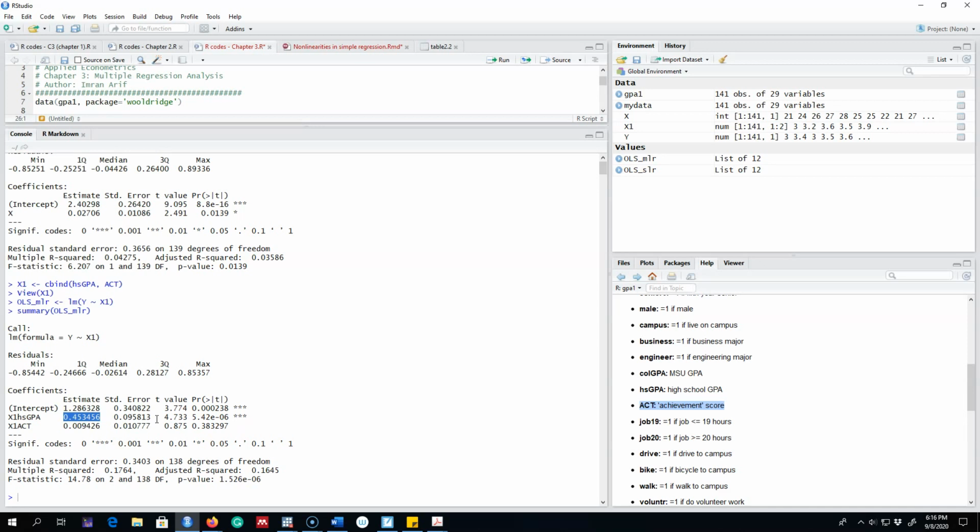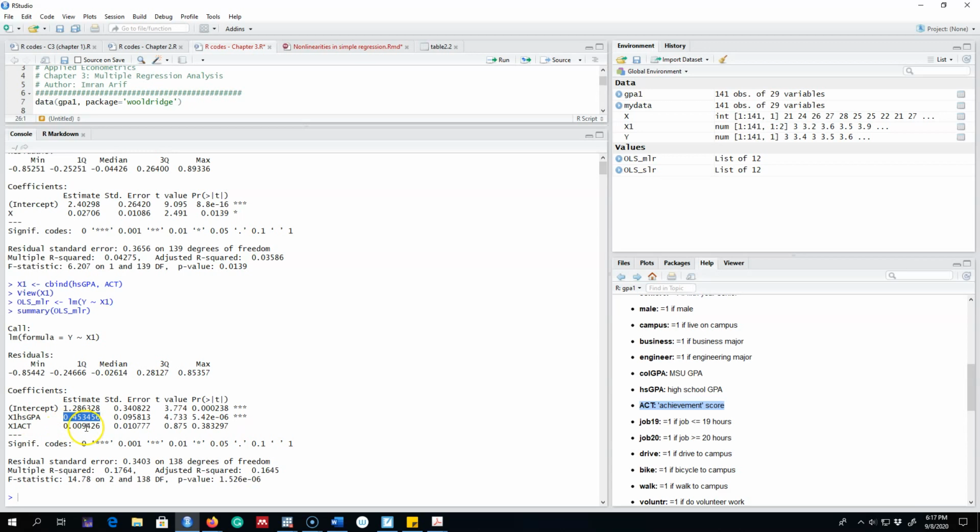In other words, if we choose two students, A and B, and they have exactly the same ACT score, but their high school GPA differs by 1 point, we expect that the student with a higher high school GPA will perform 0.45 points higher in college. That is, that student's college GPA will be larger by this coefficient. So this is the interpretation of this beta 1, or slope coefficient, for high school GPA.